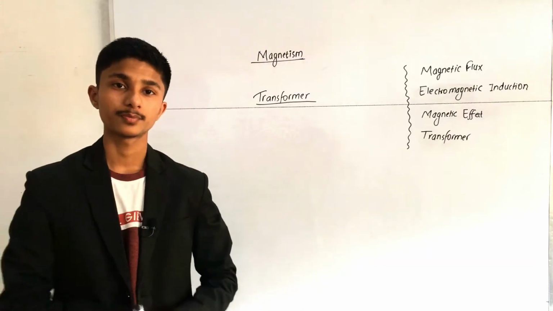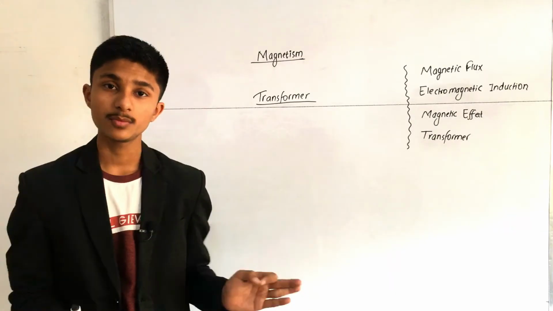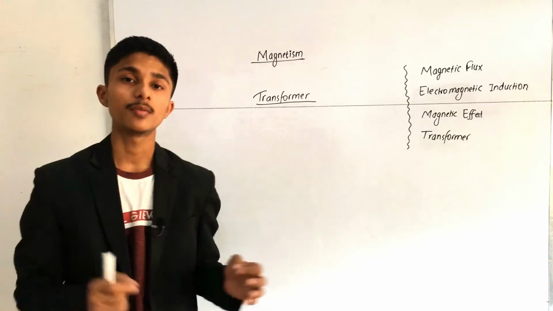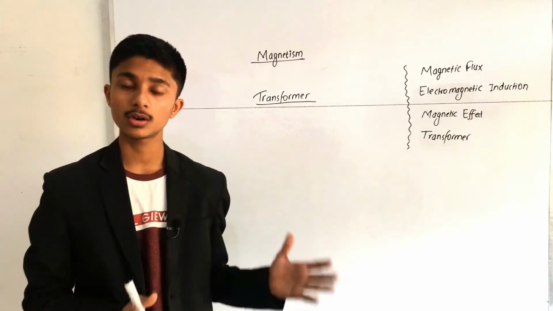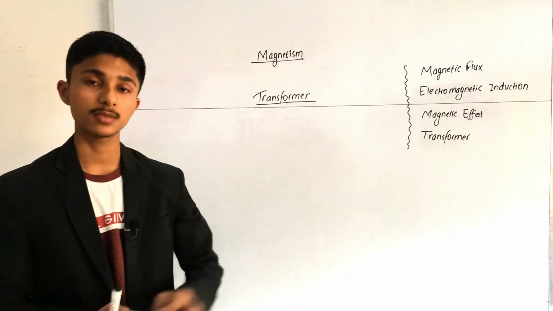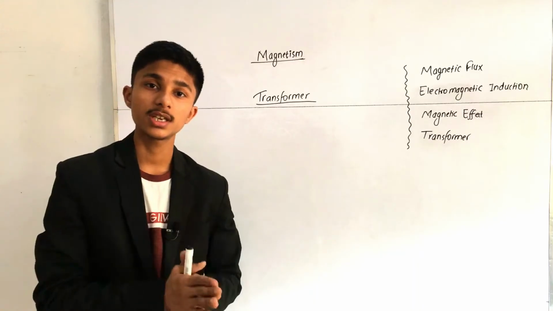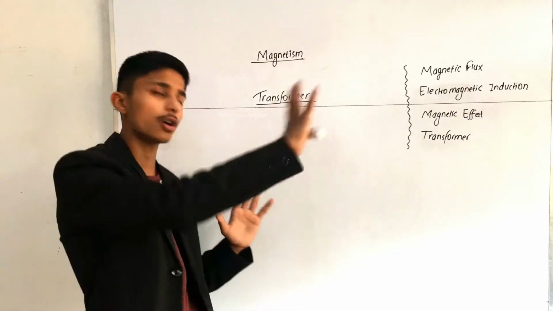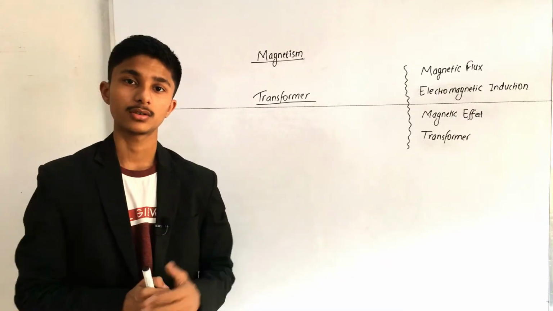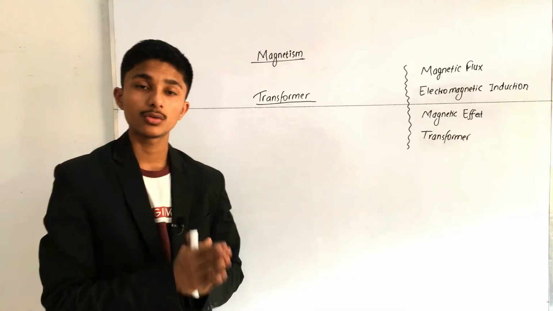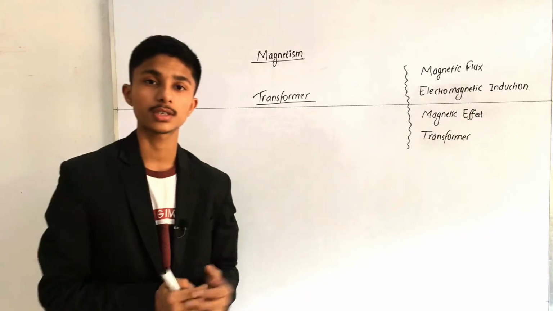We all know that transmission of electricity over a long distance with the same potential difference is very difficult. When current is passed over a long distance, the potential difference decreases. And when potential difference decreases, it is very difficult to get electricity.